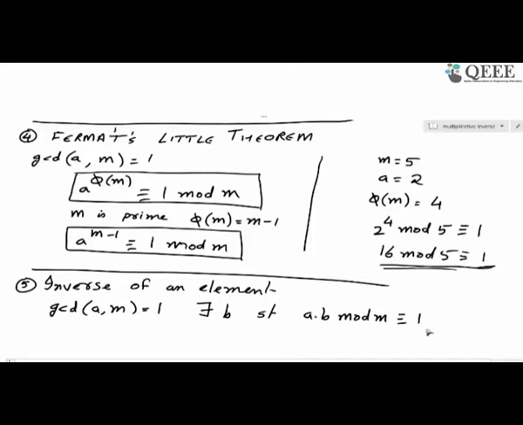Okay, so b is called the inverse of a. So this b is going to be a very unique element for a.